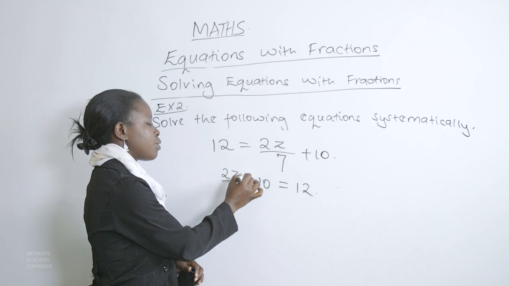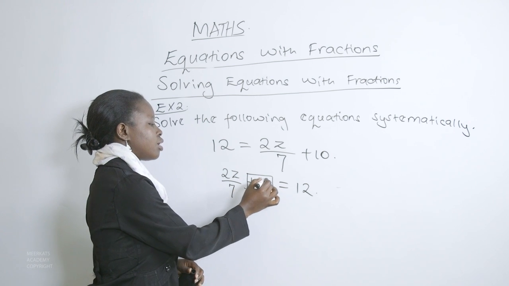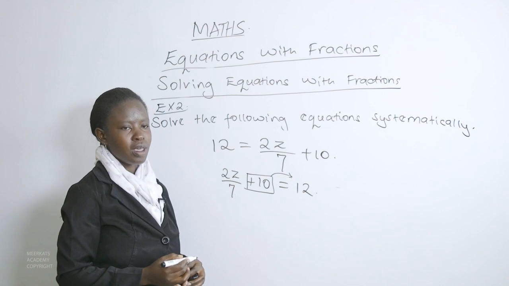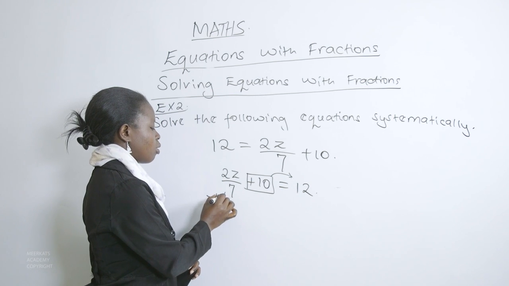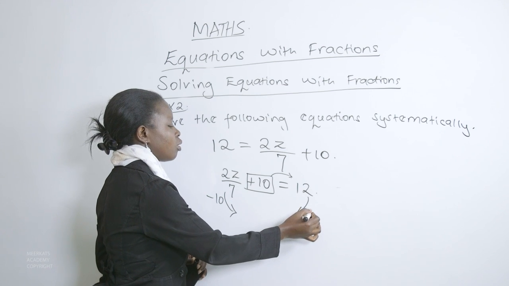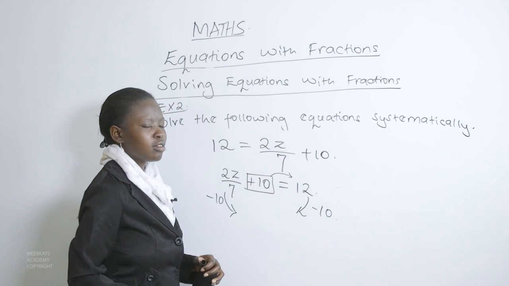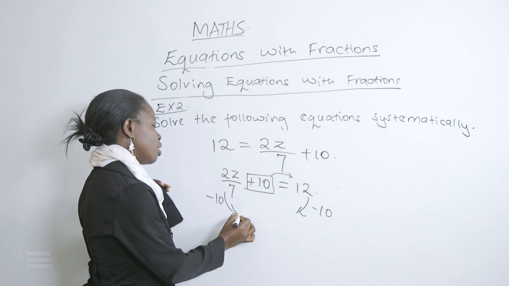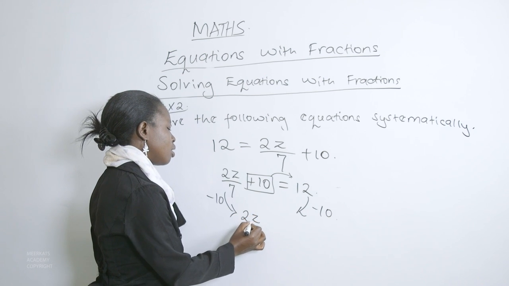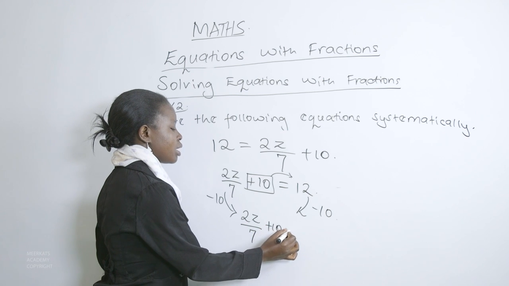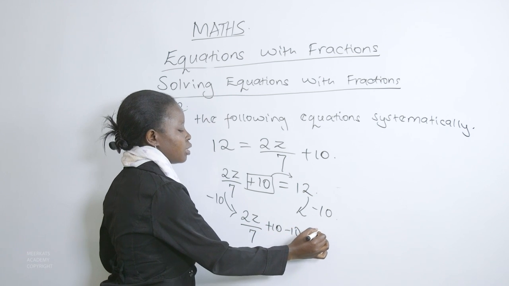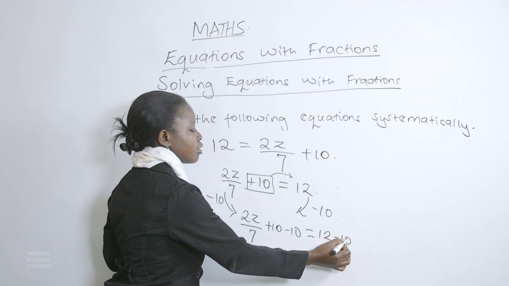So we have 2z over 7 plus 10 is equal to 12. So the first step is we take the 10 to the right-hand side, and that can simply be done by subtracting 10 on both sides. So subtract 10 on the left-hand side, subtract 10 on the right-hand side, so that we have 2z divided by 7 plus 10 minus 10 will be equal to 12 minus 10.